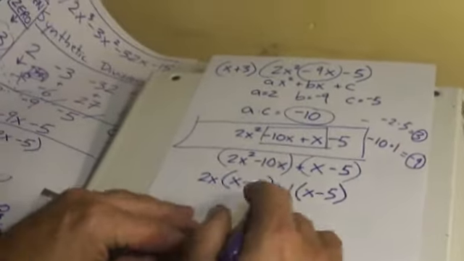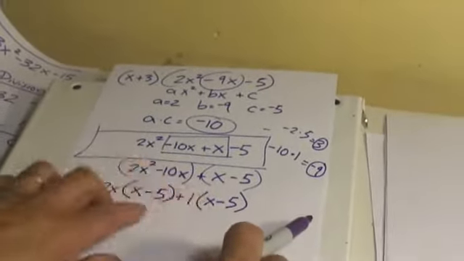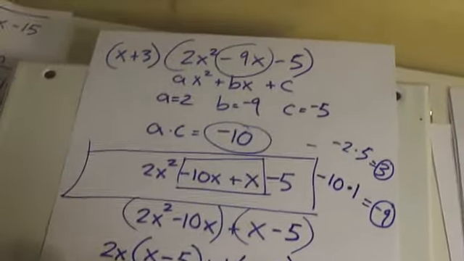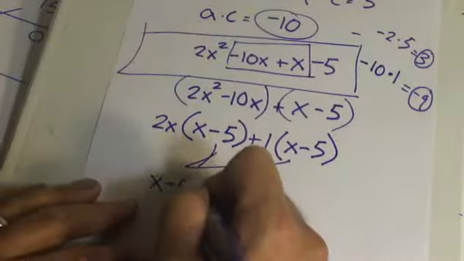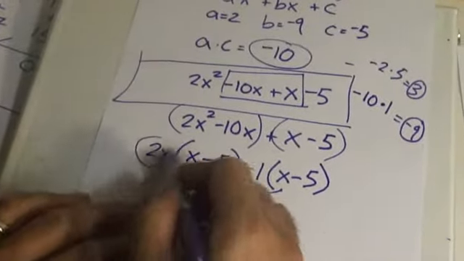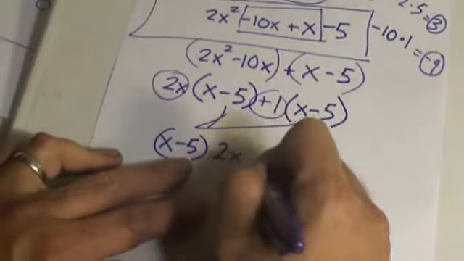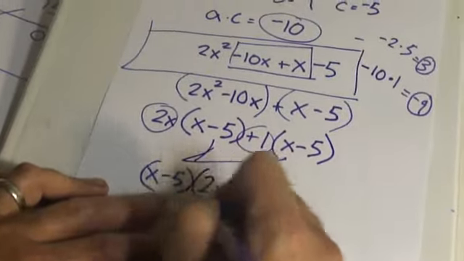And now we have to factor whatever we can out of these two terms. They both have the x minus 5 in common. That means you're doing this correctly. So we put x minus 5 here. What are we left over with? The 2x and the 1. So we're left with x minus 5 times 2x plus 1. Okay?